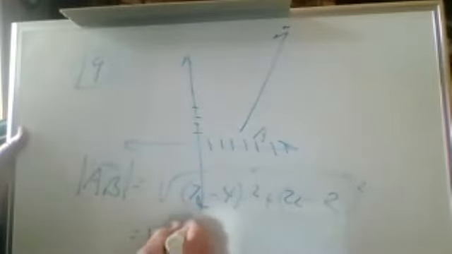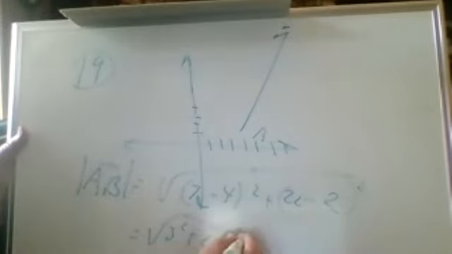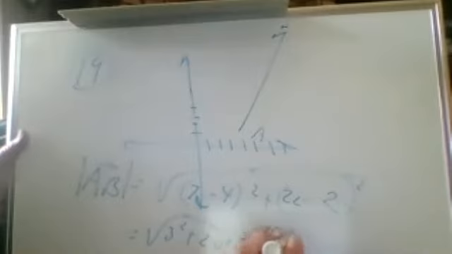So 7 minus 4 is 3 squared, and 22 minus 2 is 20 squared. Obviously 20 squared is 400, so the square root of 409 would be your exact answer. That's approximately 20 point something. Let's see what that is on your calculator.